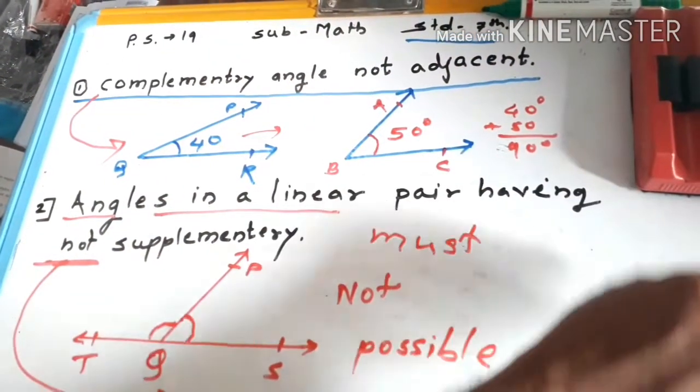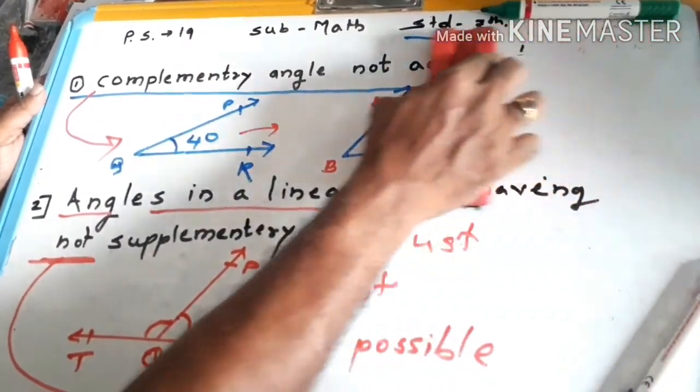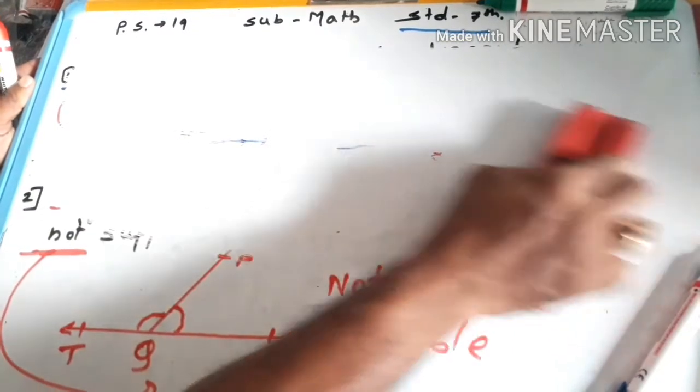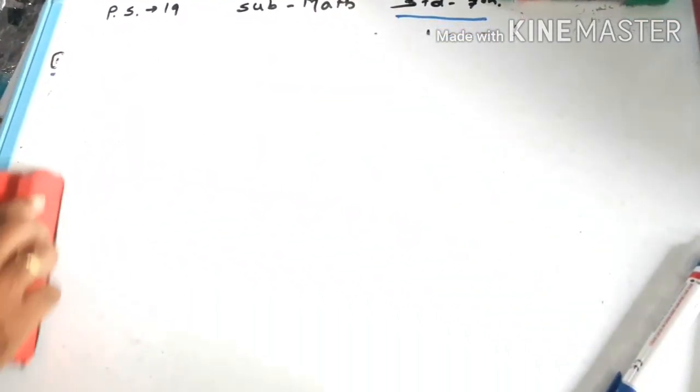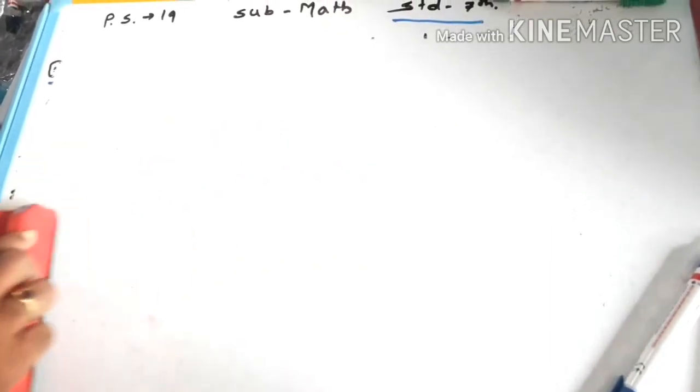So again we move toward the third question. The third question is: complementary angles that do not form a linear pair.